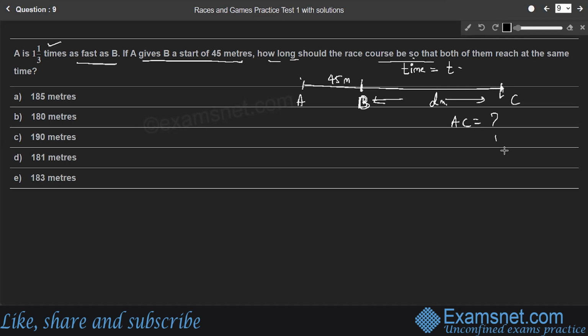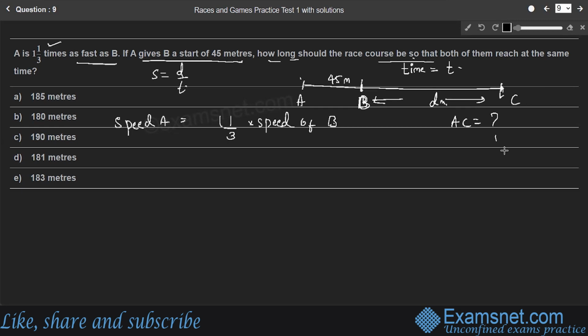Here it is given that the speed of A is 1 1/3 times as fast as B. Speed of A becomes 1 1/3 times the speed of B. Since speed is distance by time, we'll apply that formula here.